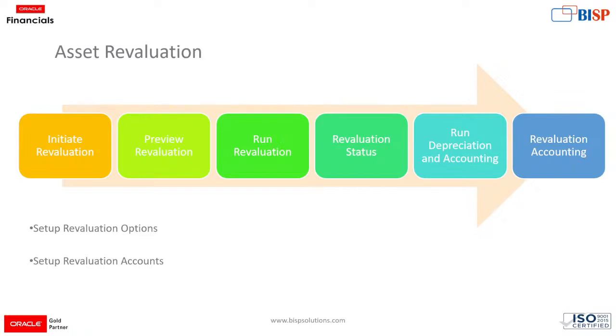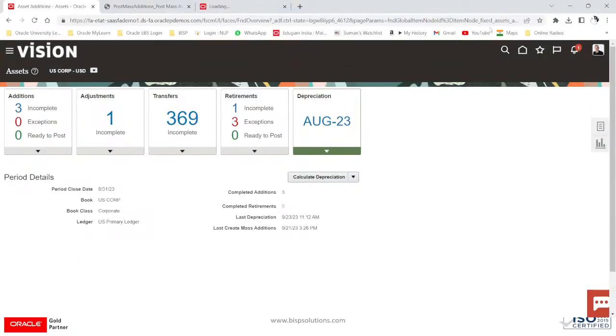Whether it increases or decreases, so that in the balance sheet you can view the asset in a very proper manner, right? Let us quickly navigate to see what setups are there.